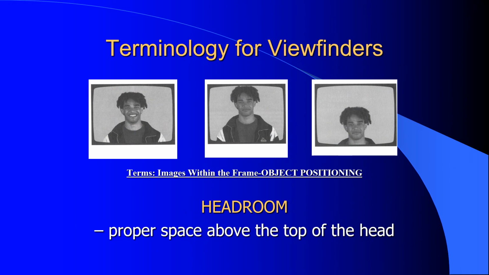Another term is what's known as headroom. That is how much space there is between the top of the subject's head and the top of the frame. The image on the left, of course, has proper headroom, simply because the person isn't banging his head on the top of the frame, but has enough space so that it looks comfortable.